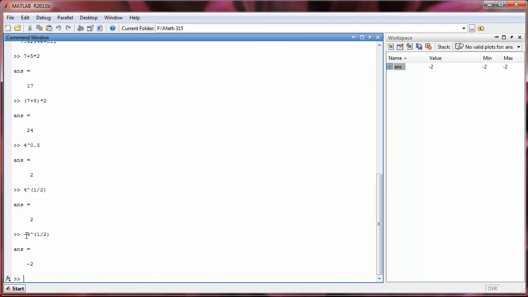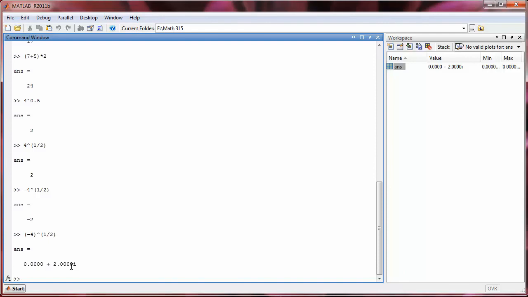So if we truly want to take the square root of a negative number, we need to put that negative number in parentheses. So negative 4 raised to the 1/2. And this will produce the imaginary number that we're expecting. So notice here we have 0.0000 plus 2i, where i is the imaginary unit.